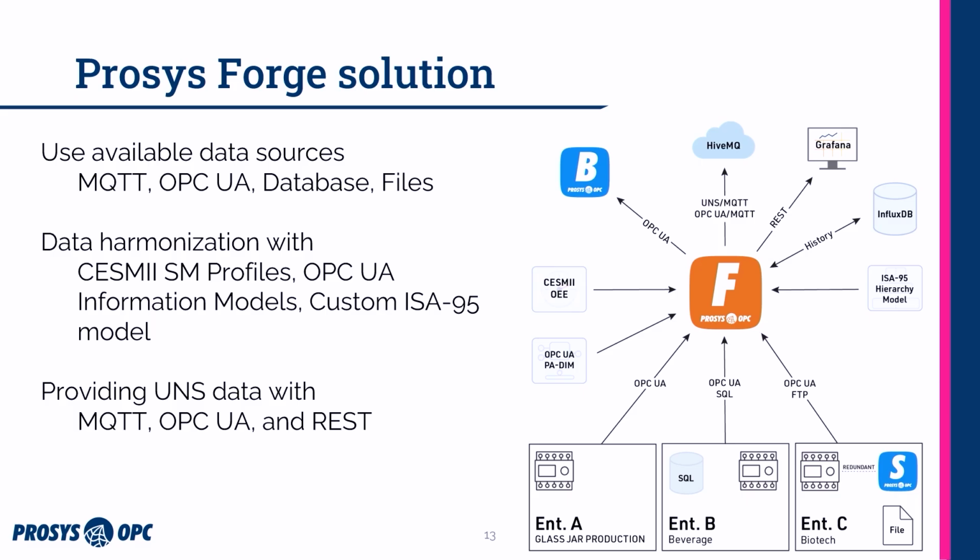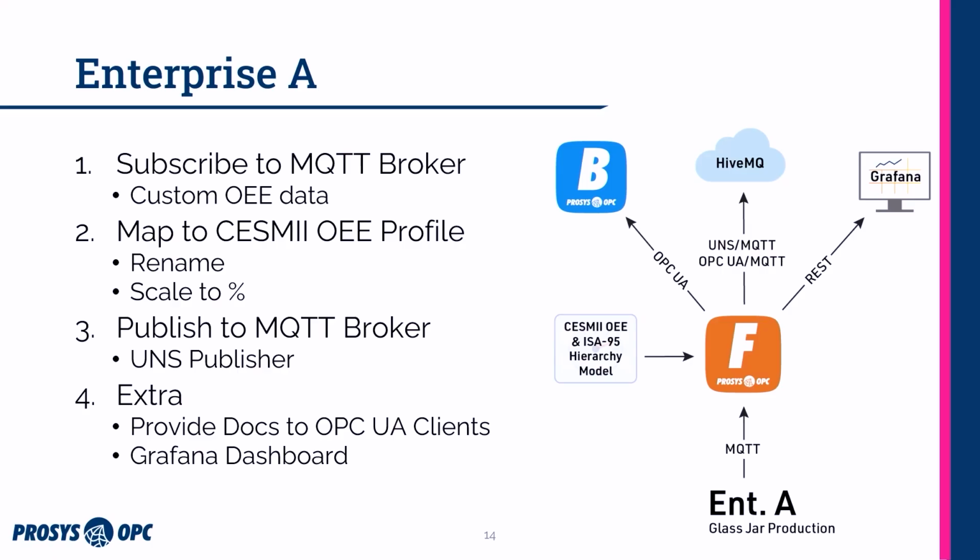Now the Forge solution here is using all these different data sources. We are harmonizing within Forge, and we are providing the data to MQTT, OPC UA applications, and REST applications. So in Enterprise A, if we look at that more specifically, we are subscribing to the MQTT broker because the data was only in an MQTT format.